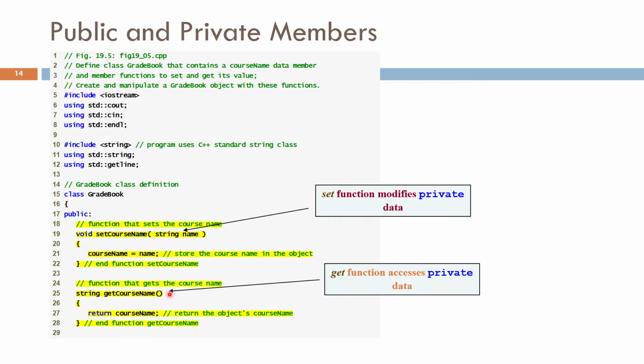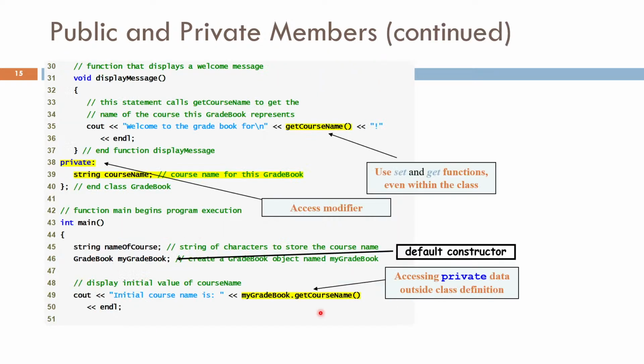If you go to the next slide, you can see here that the string courseName is going to be under the private access specifier. So meaning that only functions, being the member functions within this class, can access the string variable named courseName.